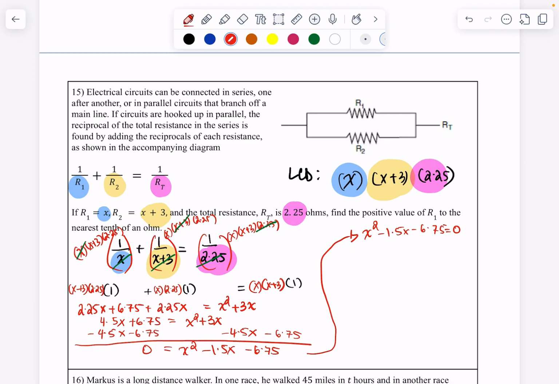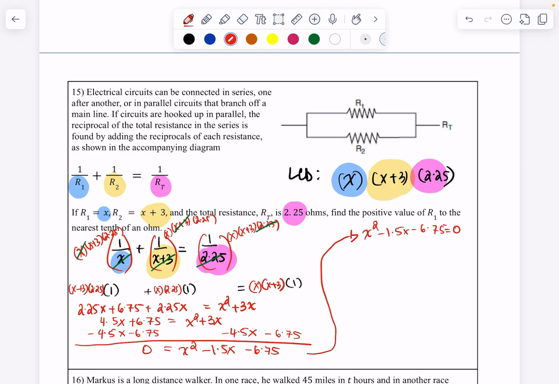So we're going to look for two numbers that multiply to a negative 6.75, and we need them to add up to a negative 1.5. Okay, so let's see what we can find. This one we may need to use... let's see if I did it correctly. I just want to make sure.